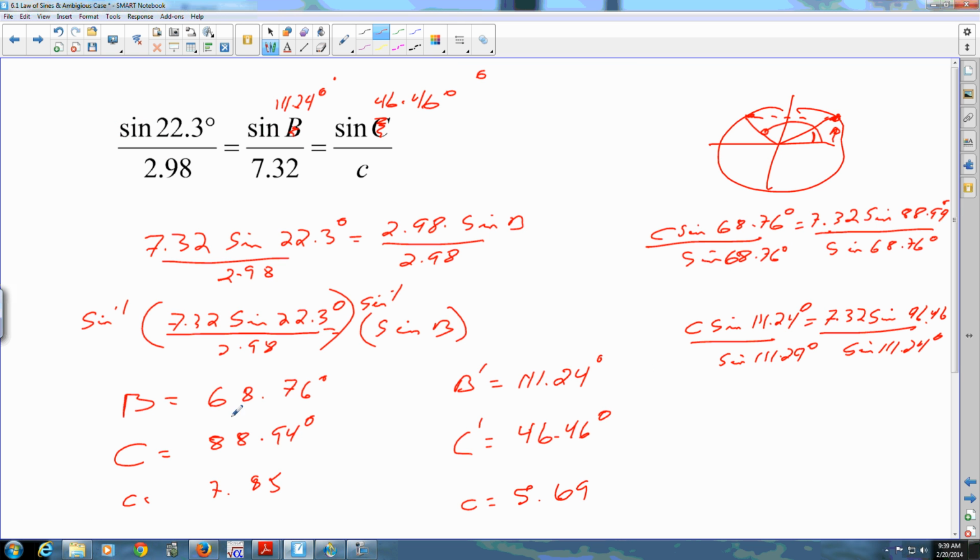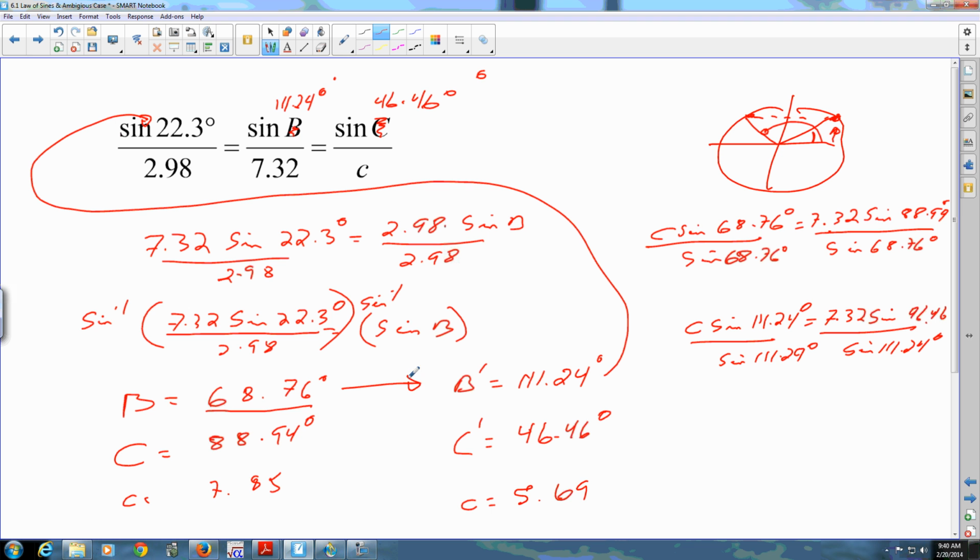Let's go back and look at this one. This is the first angle you found. It's larger than what you're told. So when I find its supplement, there is going to be room with this angle and the one you're told to have a third angle. The first angle you found was larger than what you're told, so its supplement is small enough to have room for the third angle.